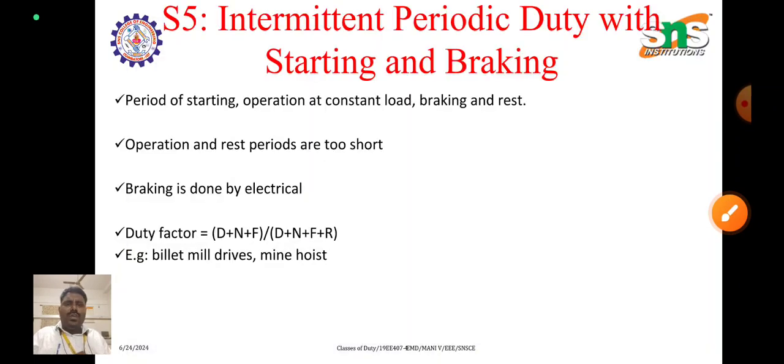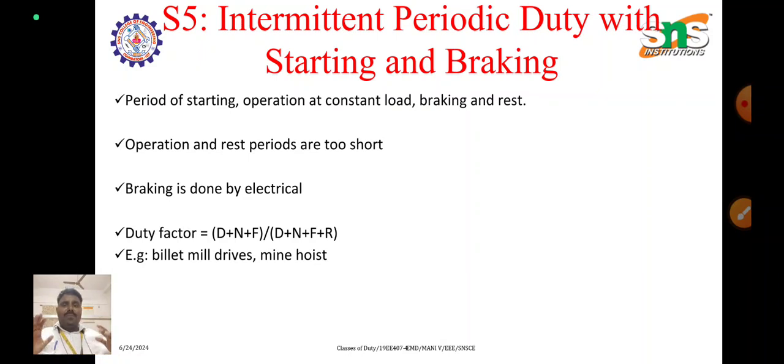The fifth duty is intermittent periodic duty with starting as well as braking. The intermittent periodic duty contains operating and rest, and here it will contain start, operate, brake and then rest.